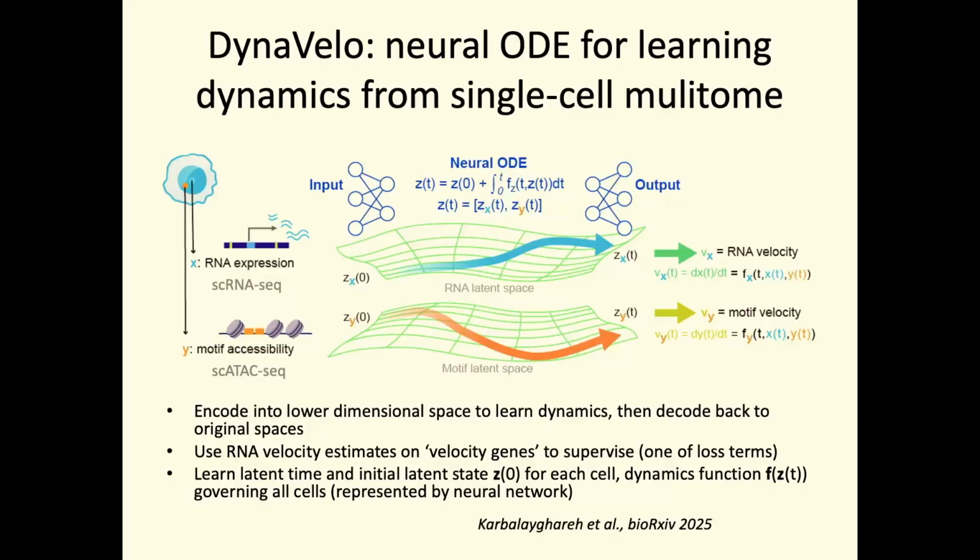We haven't done more than we've done. I mean, I think what we're saying is just this, that the rate of change of RNA depends not only on the current expression state of the cell, but also the current chromatin accessibility. And similarly, the rate of change of the motif accessibility depends on both, so that they're influencing each other. But beyond that, we're agnostic.